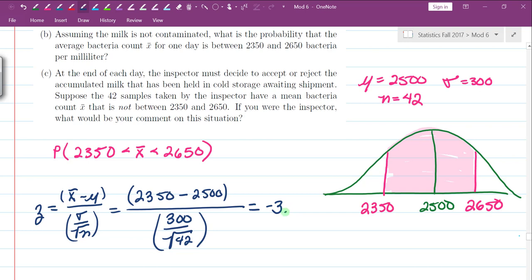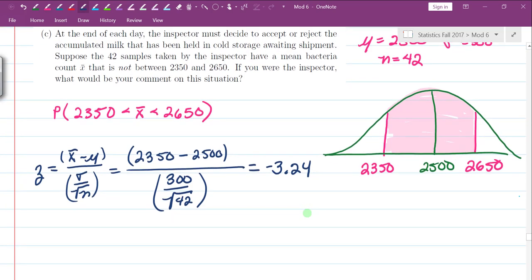Now we're going to standardize the next value. We're going to scroll up just a little bit. And we have z is equal to 2,650 minus 2,500 divided by 300 divided by the square root of 42. We're going to put this in our calculator. Don't forget your leading parentheses here.